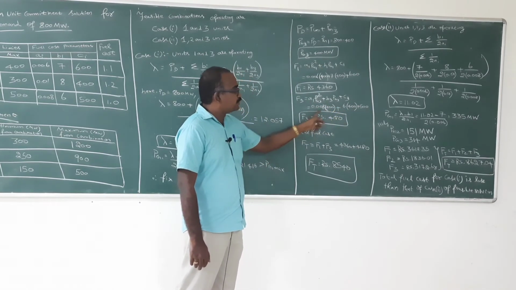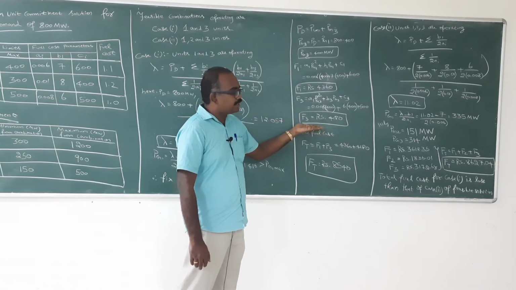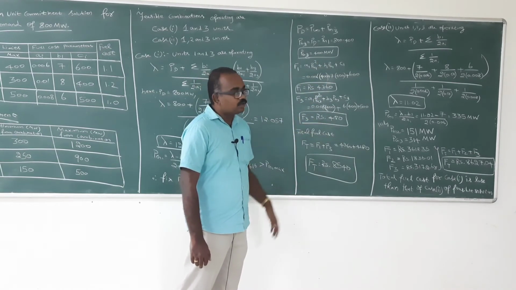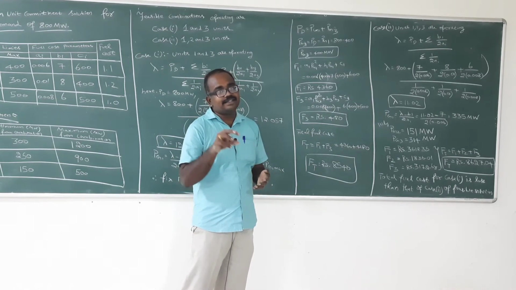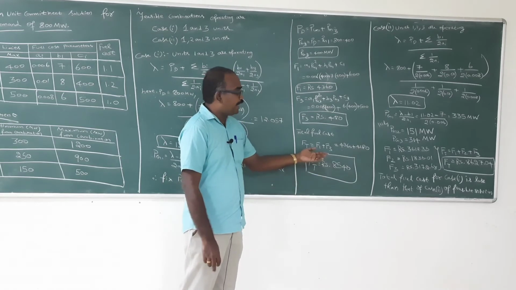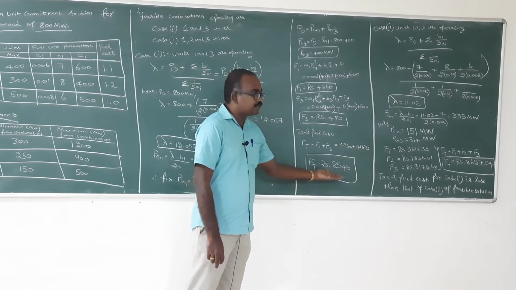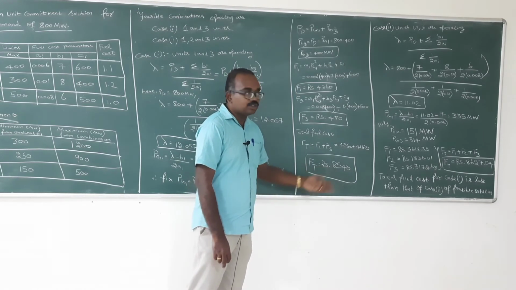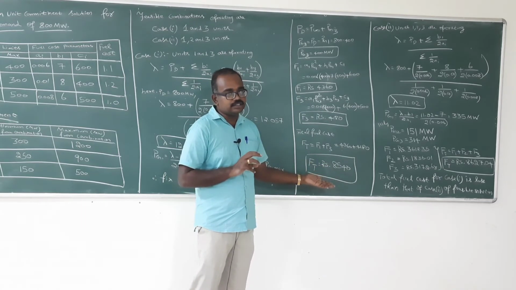F3, instead of Pg3, we substitute 400, so we get F3 as 4180. The total cost to provide that 800 megawatt is the sum of those two fuel functions, and the total is 8540. So for the first case we have found the fuel cost.